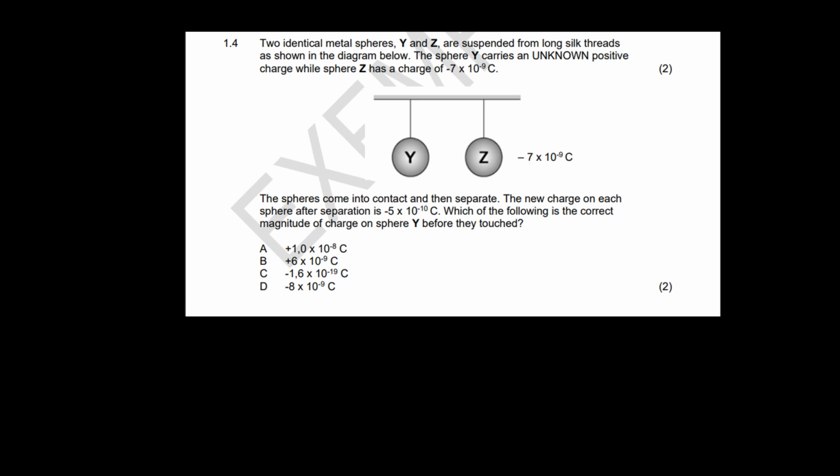If we have a look at all of these options, A, B, C, and D, we see that option B is the one that has the value of positive 6 multiplied by 10 raised to the power of minus 9 coulombs. This means that the answer is B.